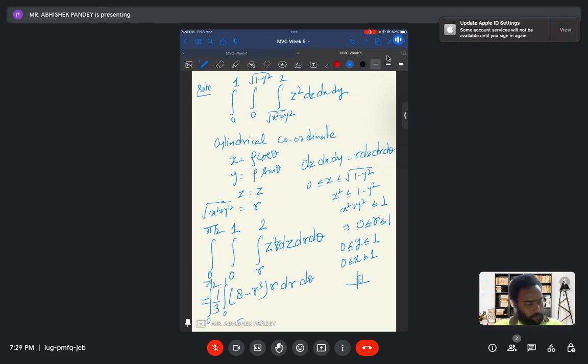This is nothing but 8r, so r square by 2 is 4r square, so 4 minus 1 by 5, into 1 by 3 into pi by 2. So this will be 30 and this will be 19 pi. So this is your answer.